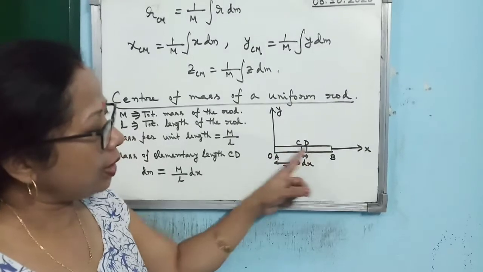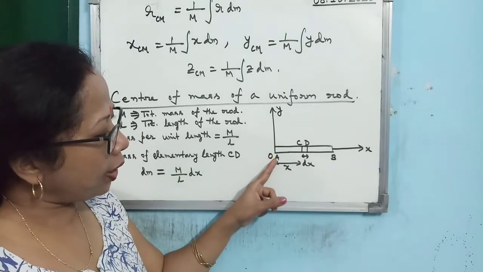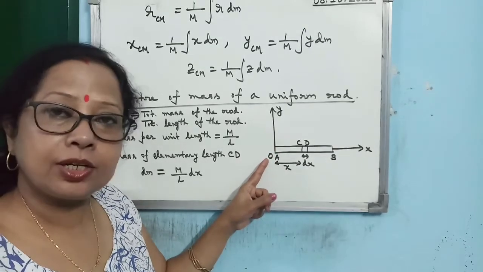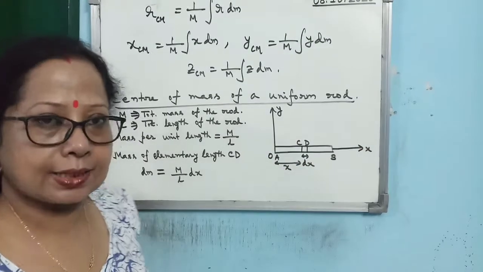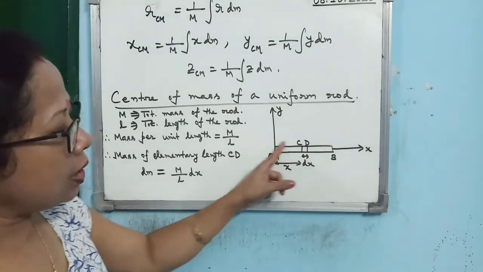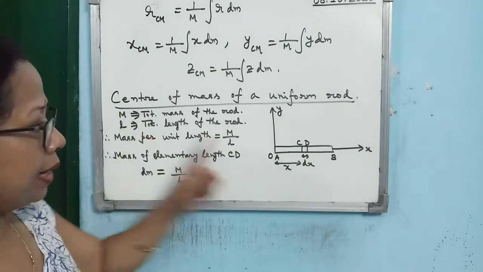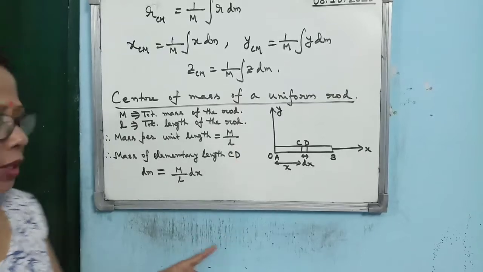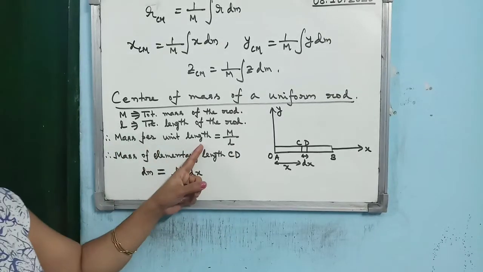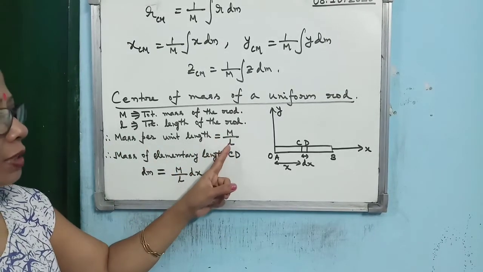You see we have considered that the point A is at the origin of the coordinate system. So this is the y-axis and this is the x-axis. And we have considered the total mass of the rod to be big M and the total length of the rod to be small l. So what will be the mass per unit length? It will be the total mass by the total length.